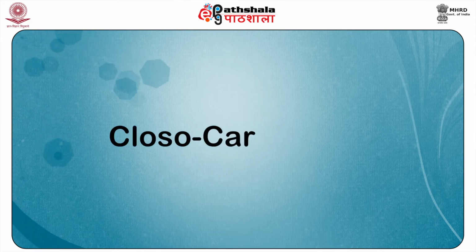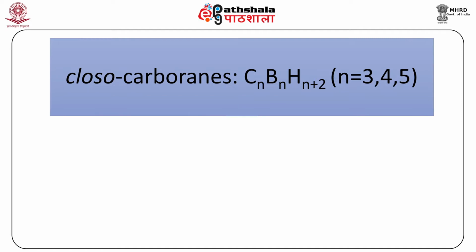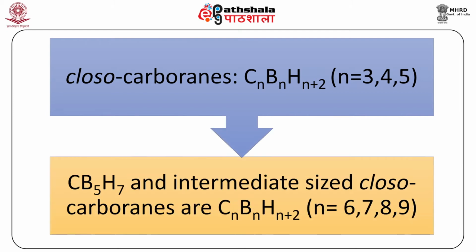Number 1, for the closo carboranes that are small and intermediate sized, and the ortho, meta and para carboranes. Small carboranes include CnBnHn+2, n from 3, 4 and 5, and CB5H7, and intermediate sized carboranes are CnBnHn+2, where n ranges from 6, 7, 8 and 9.